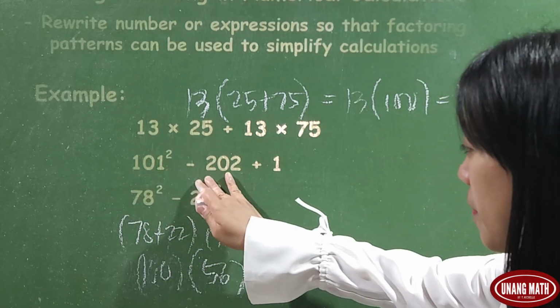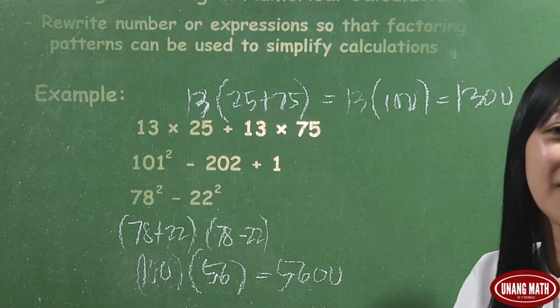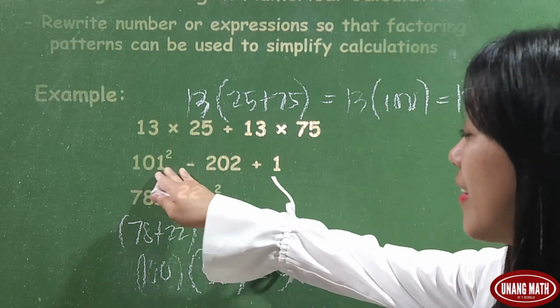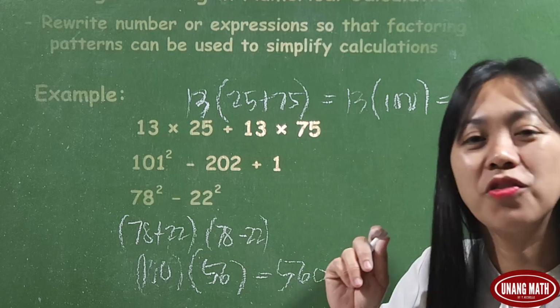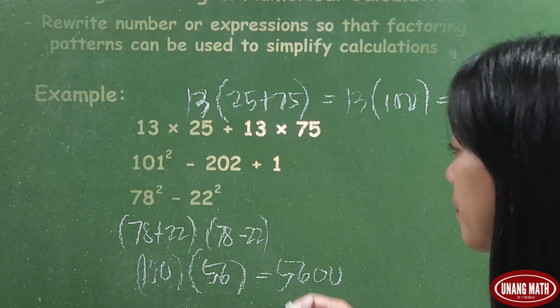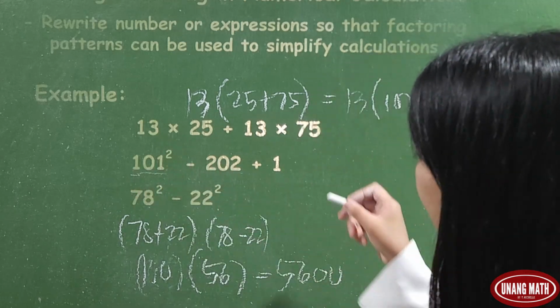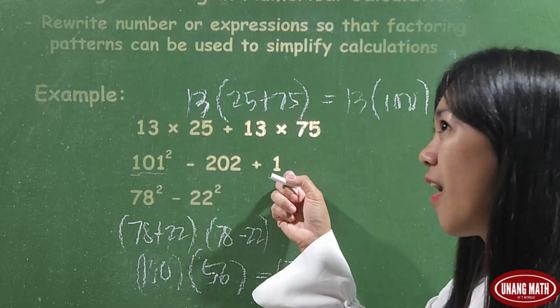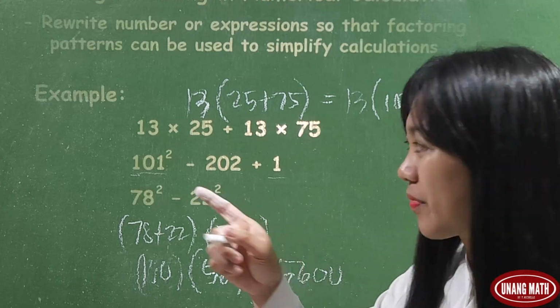Okay, now, how about this expression? 101 squared minus 202 plus 1. This is actually a perfect square trinomial. But why perfect square trinomial? The first term and last term are squared.